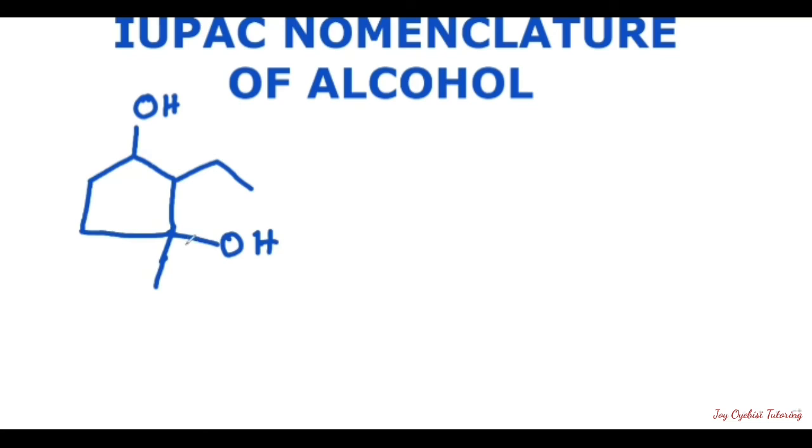So we can start counting from here or here. It will give the same number. This is 1, 2, 3. This is 1, 2, 3. So it doesn't really matter where you start from, okay? So if we start from here, this will be 1, 2, 3. And on the second carbon, you have an ethyl group. On the third carbon, you have a methyl group.